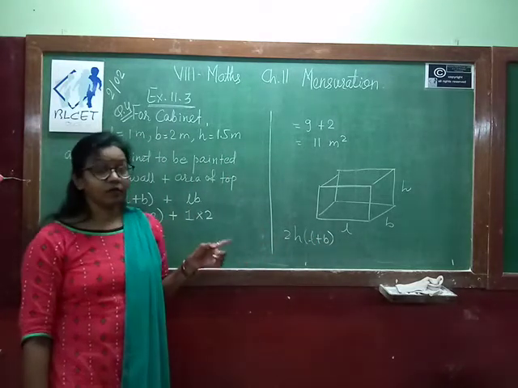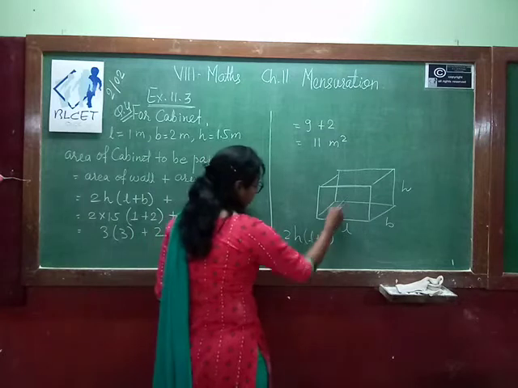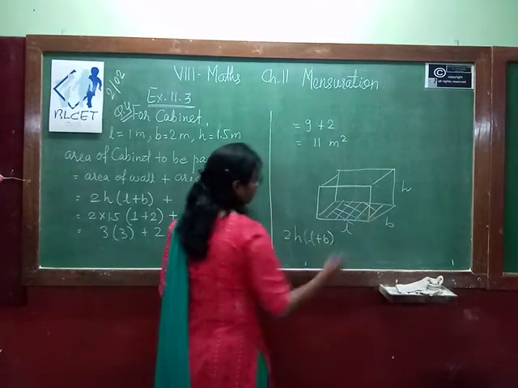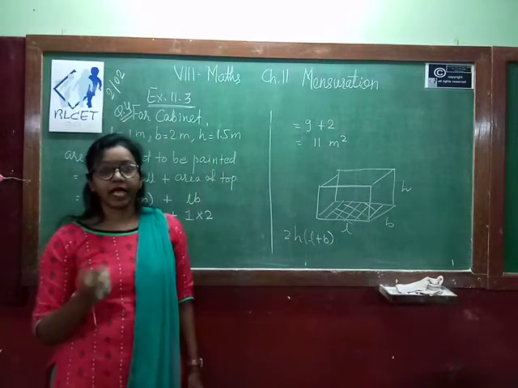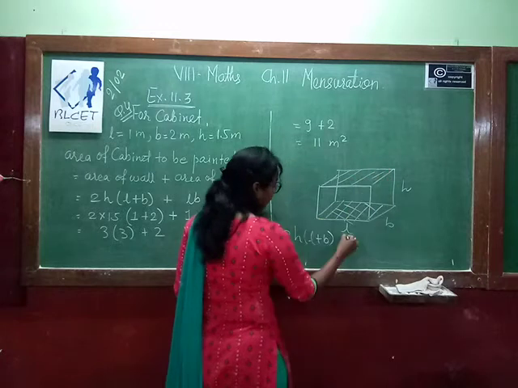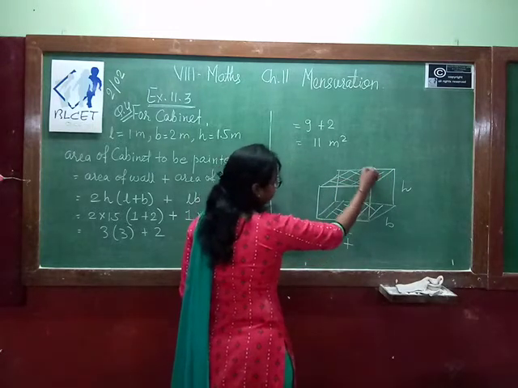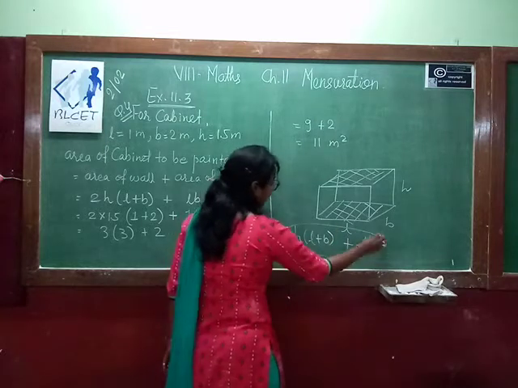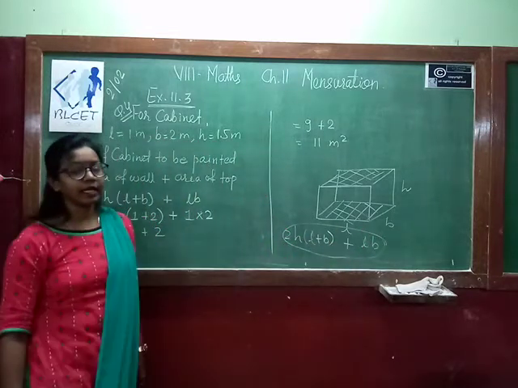Okay. Now we are not painting the bottom. So this portion we have to avoid, but we have to paint the top. So this one is your top. So plus what is the area of this? L into B. So this is the formula that we have to use to calculate the area.